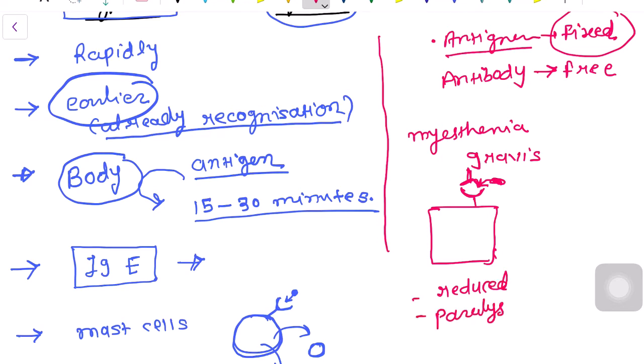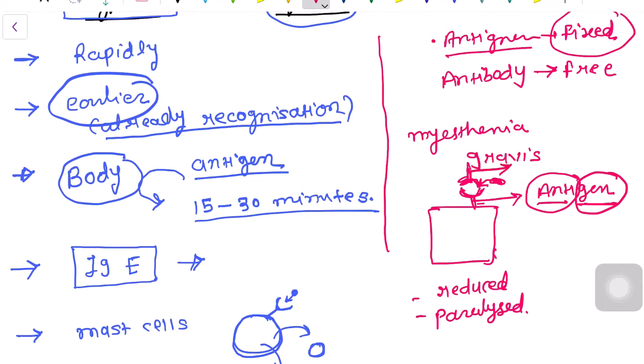So what occurs in this type 2 hypersensitivity reaction? These acetylcholine receptors work like an antigen. They are basically an antibody generator. The definition of an antigen is an antibody generator. So these acetylcholine receptors have generated antibodies against them, antibodies formed in response to the antigen.